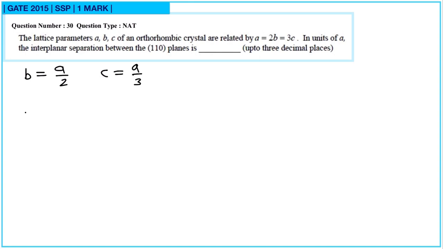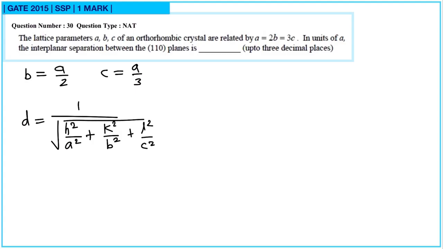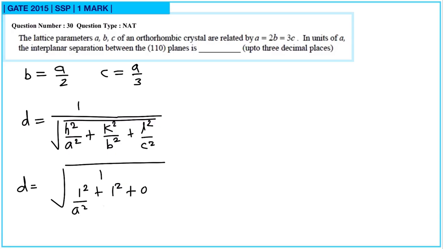And the formula for interplanar spacing is d is equal to 1 upon under root h square by a square plus k square by b square plus l square by c square. Here hkl is 110. So d is equal to 1 upon under root 1 upon a square plus 0, and here b is a by 2, so this will be 4 by a square.